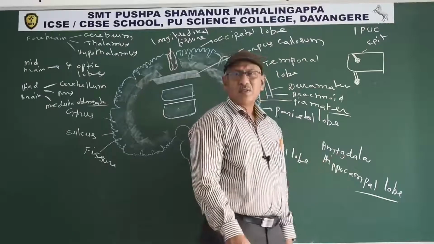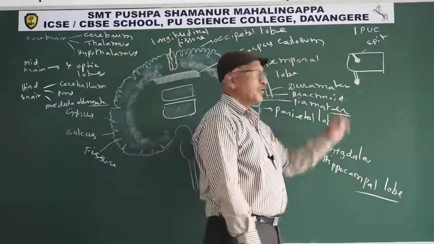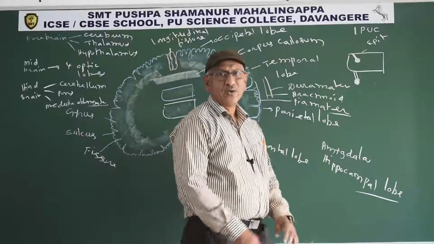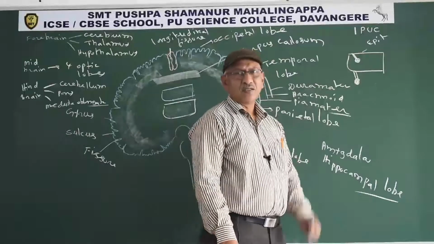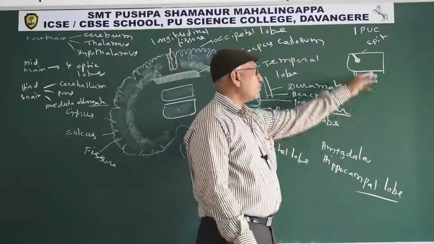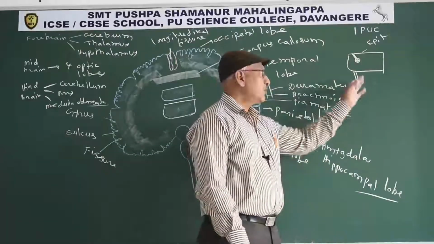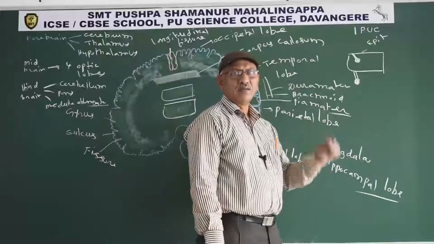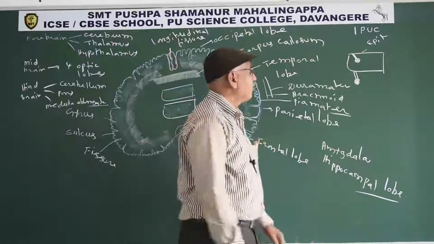So hypothalamus is considered the master endocrine center. Pituitary gland is considered the master endocrine gland. Cavity present in the thalamus is known as third ventricle or diocoel. Hypothalamus controls the autonomic nervous system, center for temperature, pain, thirst and satiety. Satiety means satisfaction.